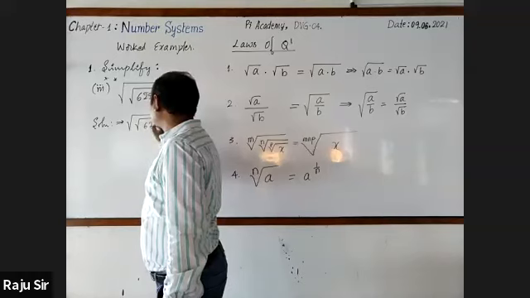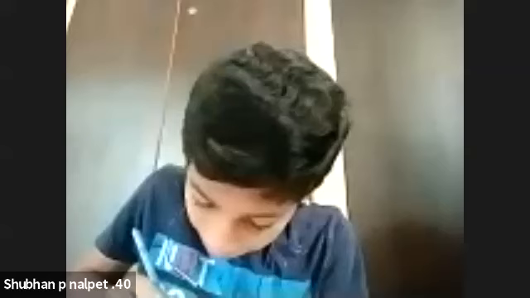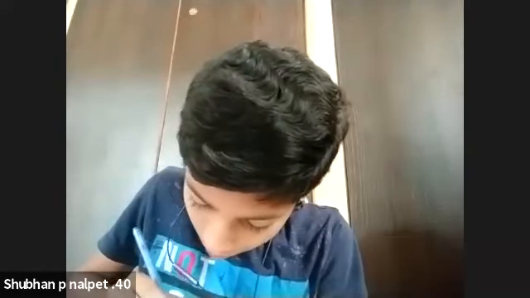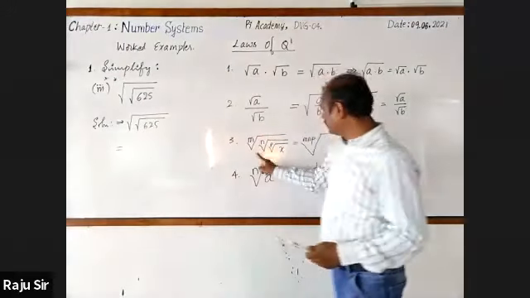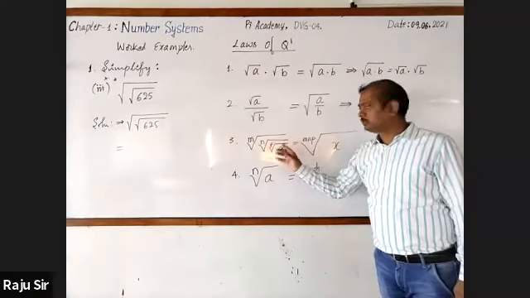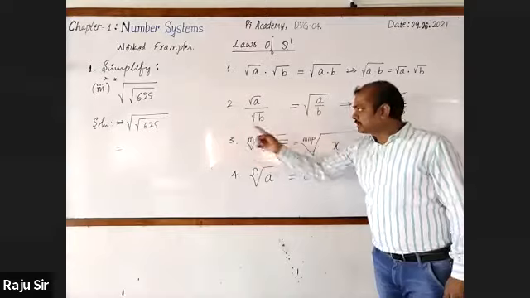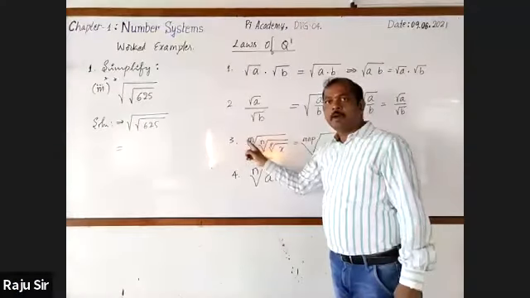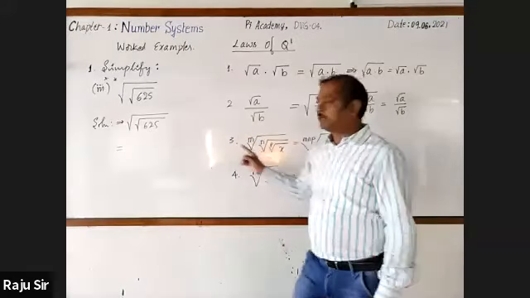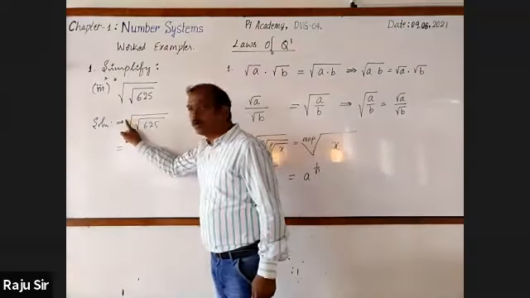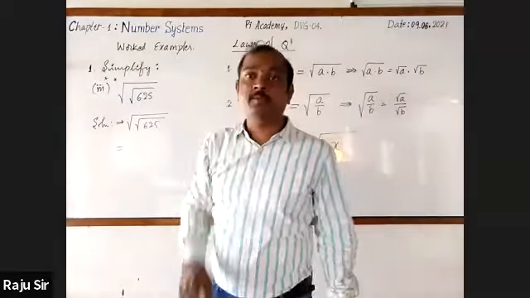Okay. It is square root of square root of 625. Here we have 2 roots. Of course, you can go for multiplying the orders, but here the order of both the roots is the same.